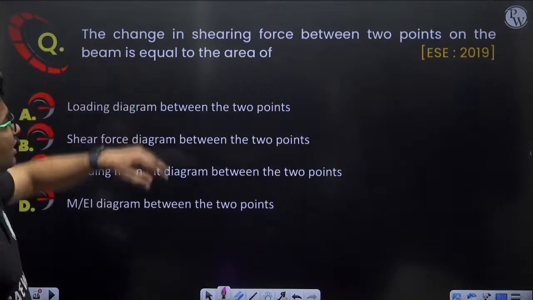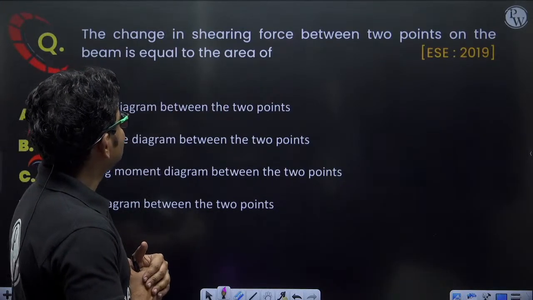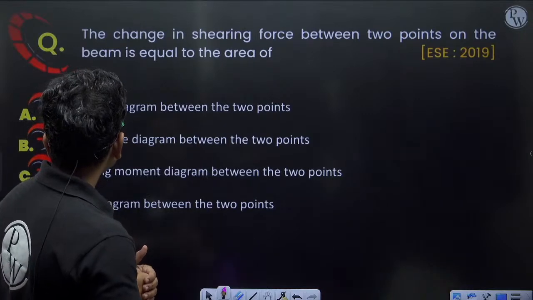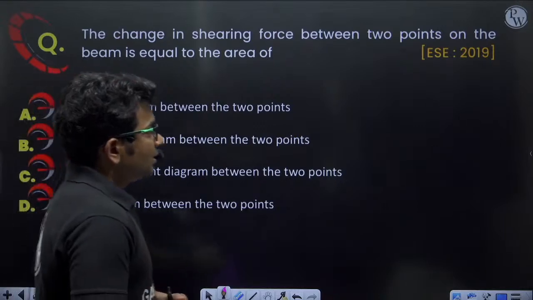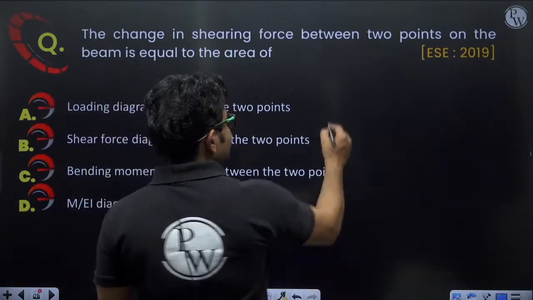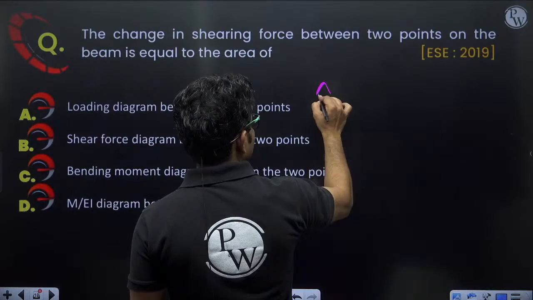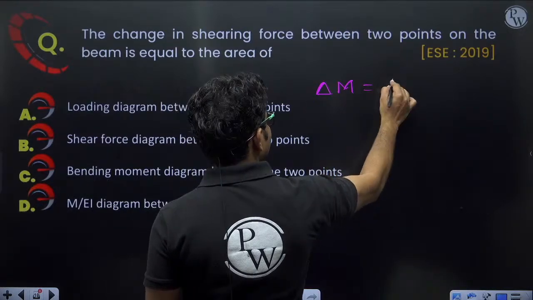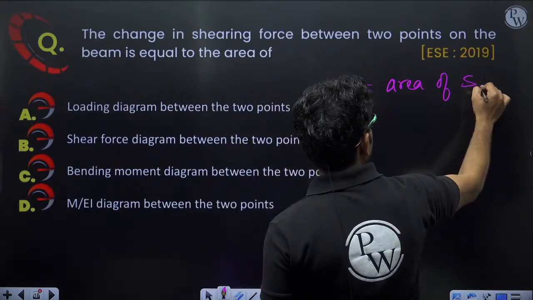The change in shearing force between 2 points on the beam is equal to the area of... Change in shearing force. So as we have seen, change in bending moment will be equal to area of shear force.